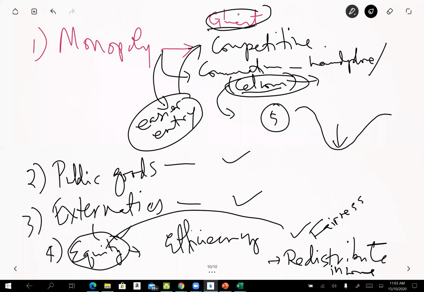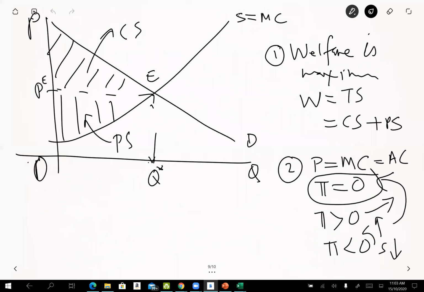We just look at the market, the perfect competitive market. If there is a recession, is there a role for the government? There's no role for the government.